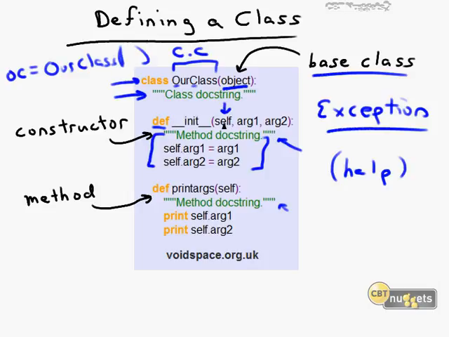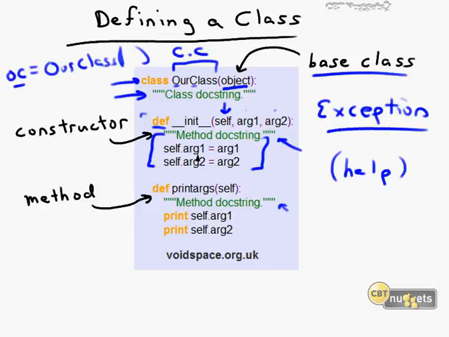Self is kind of an invisible argument. We would never reference self in our live code. Self is internal, that tells Python that we're referring to this instance, whatever, in this case it would be oc. This __init__ involves 2 arguments that wind up just coming back as straight ahead attributes. So arg1 becomes an object named arg1, arg2 becomes an object named arg2, and you'll notice that we're using dot syntax.